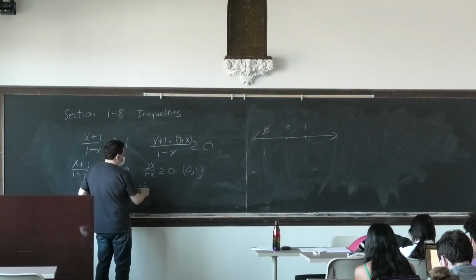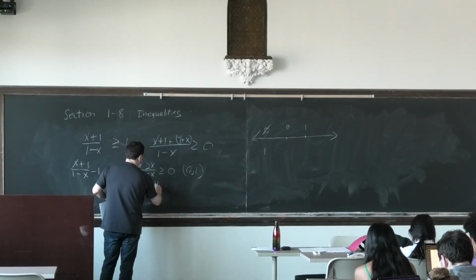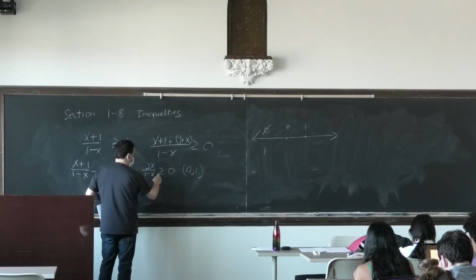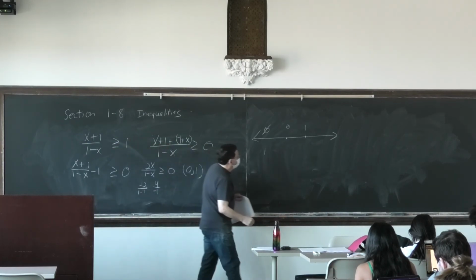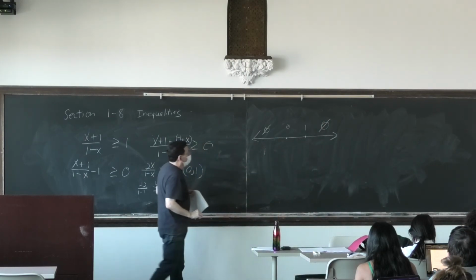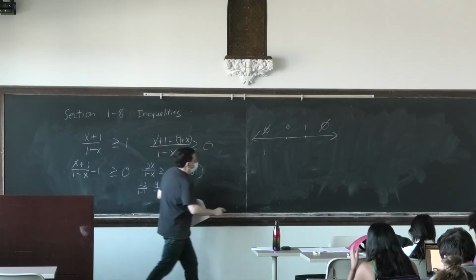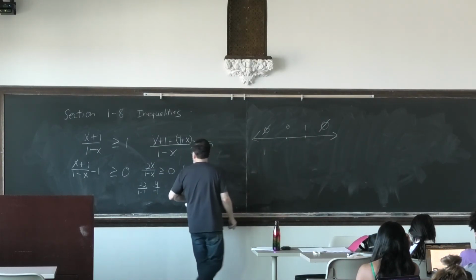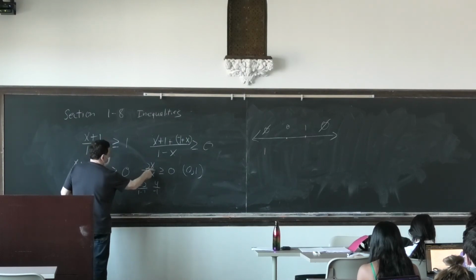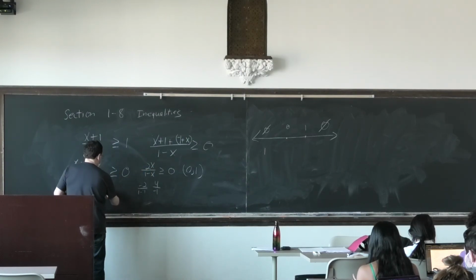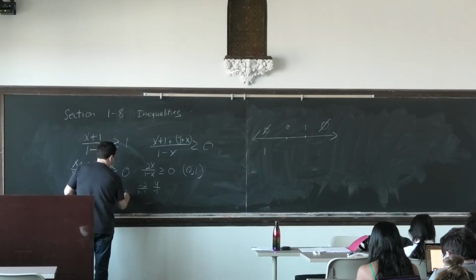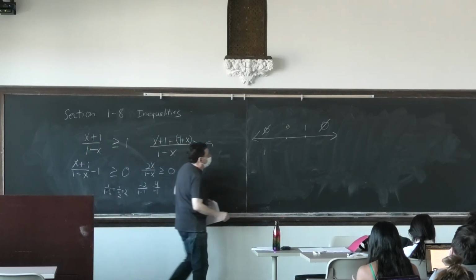Let's try 2. 4 over 1 minus 2 is negative 4. Negative 4 greater than 0. This region is out. So the only region left that's possible is in here, at a half. They tried that already. 2 times a half is 1. 1 minus a half is 1 half. 1 over 1 half is 2. 2 is greater than 0.